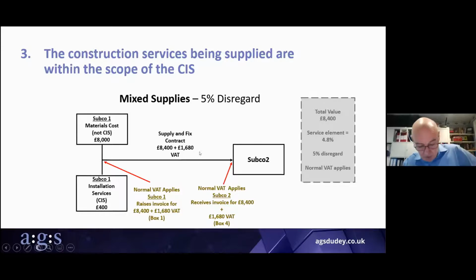Just while we're here, there are a couple of other comments on these mixed supplies of materials and services, because for convenience, HMRC have agreed that where two parties have already had a reverse charge service between them on a construction site, any subsequent supplies between those parties on that site can just be treated as reverse charge, providing both parties agree.